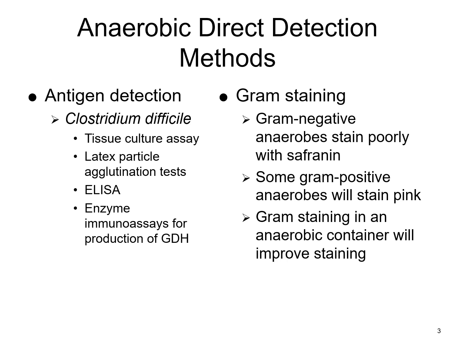So these organisms can be detected through a variety of methods, but if we're looking for direct testing methods, then we could be doing some sort of antigen type detection. This might be looking for something like Clostridium difficile, where you're looking for the particular antigen for that organism and some of the different automated methods.